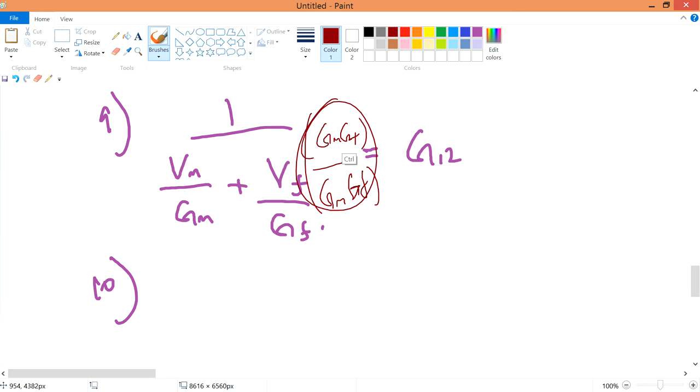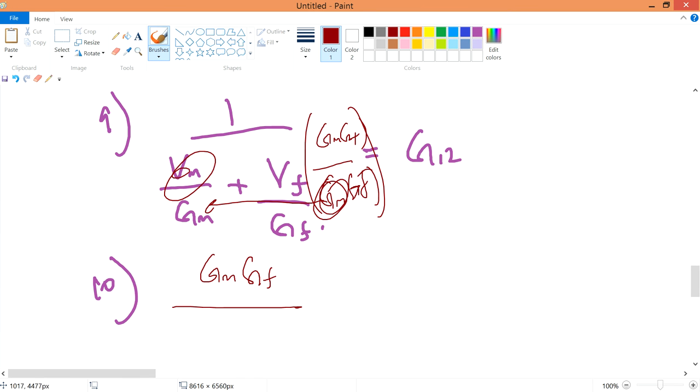This is the equation that I use to make things simple. So this is equal to 1. I'm just rearranging the stuff. So what I would have is GMGF, which is this one, multiplied by 1. This GM will cancel out with this GM because this is the numerator and this is the denominator. So all I will have is VM times GF.